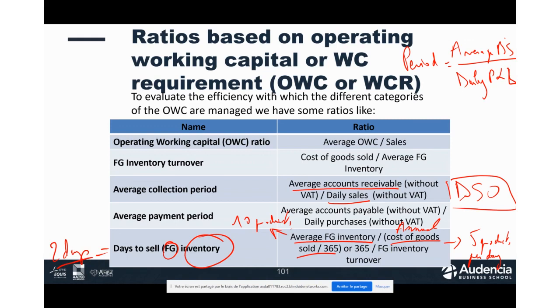So I need to divide quantity by quantity per day in order to have the number of days. So in reality, I want the same unit cost here and here, in order to eliminate the problem of the unit cost. It's just a question of quantity, and we want to avoid the problem of the value per unit.